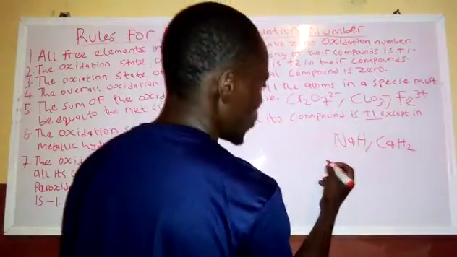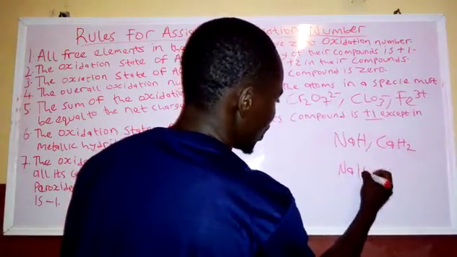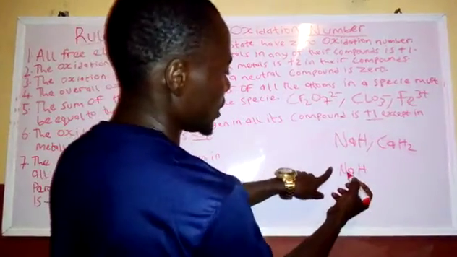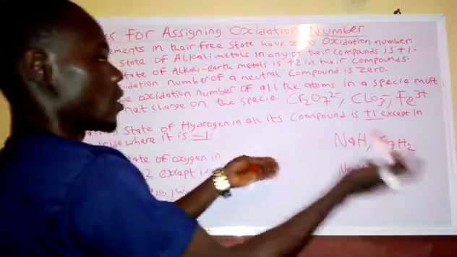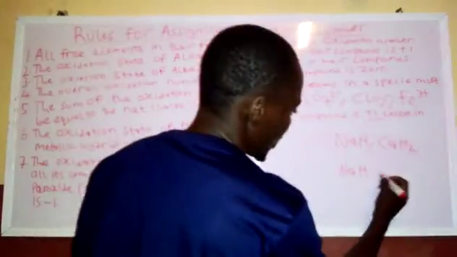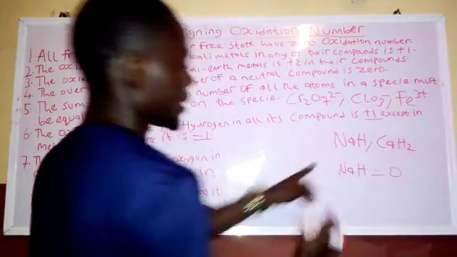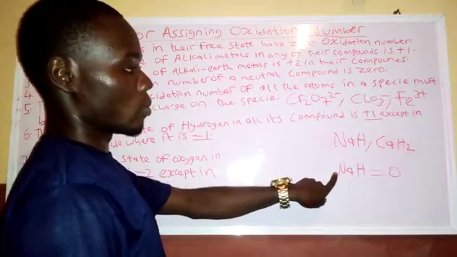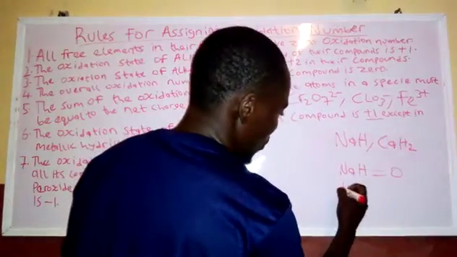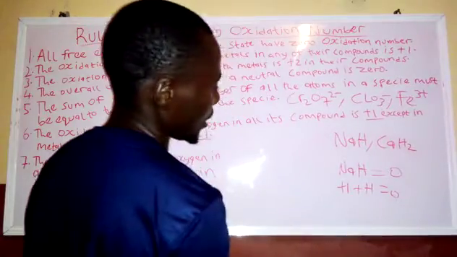Let's say for example, look at NaH. Now let's determine the oxidation number of hydrogen in this hydride. NaH equals 0. Sodium is an alkali metal. If we take its oxidation number to be plus 1, then we have plus 1 plus H equals 0. Are you getting it?